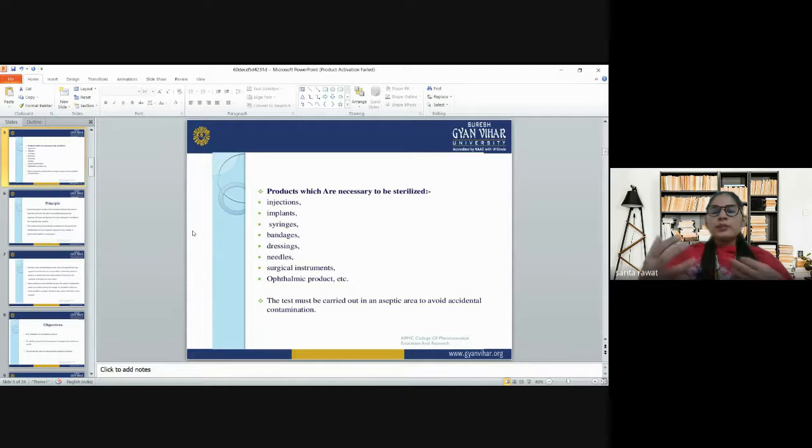So, where we apply our sterility testing, we have to make sure that the area is free from microorganisms and the area should be aseptic.